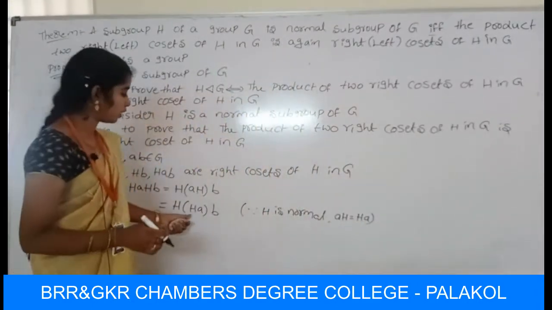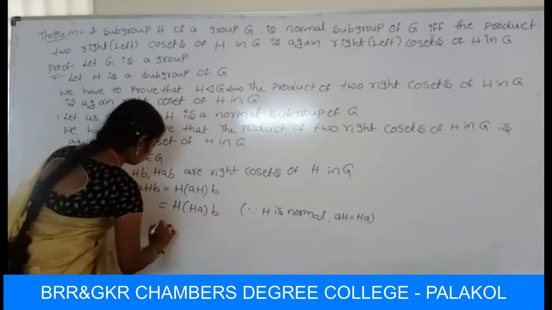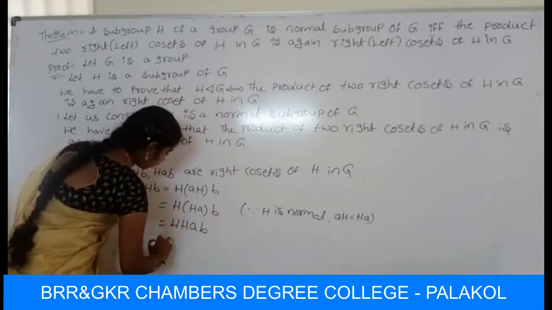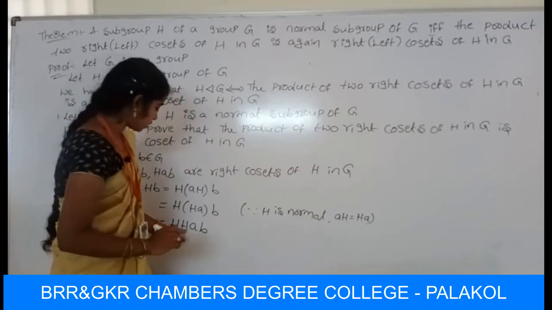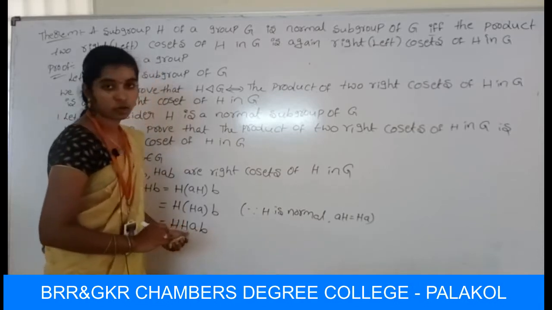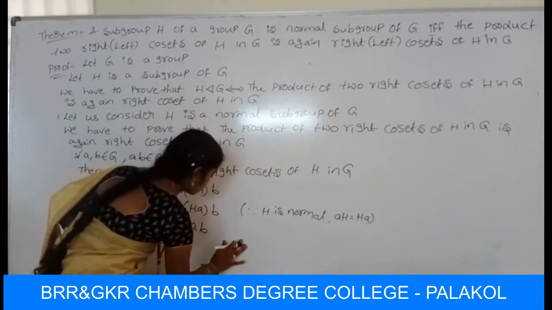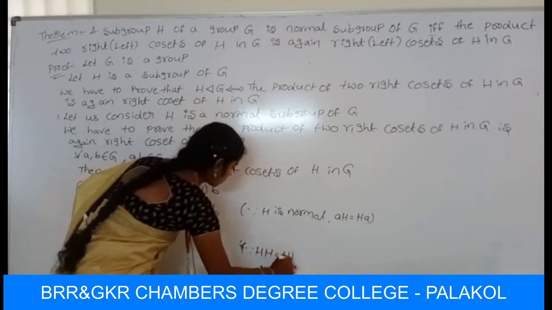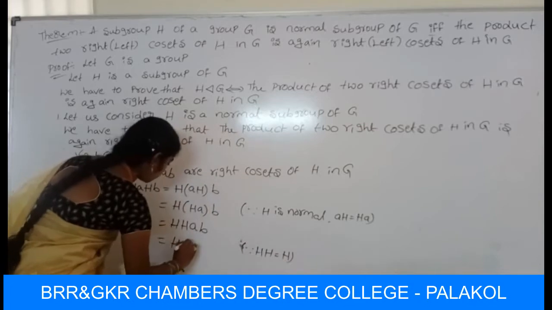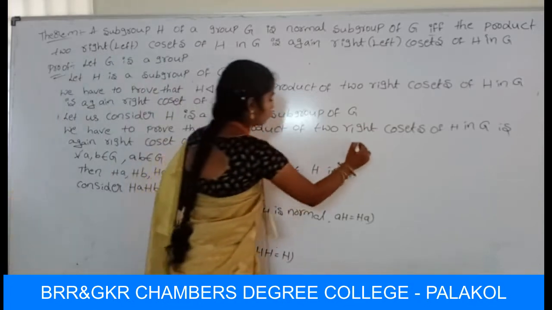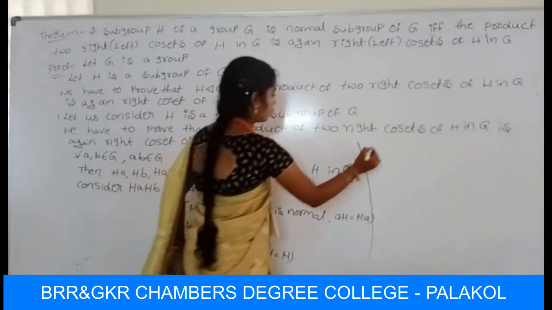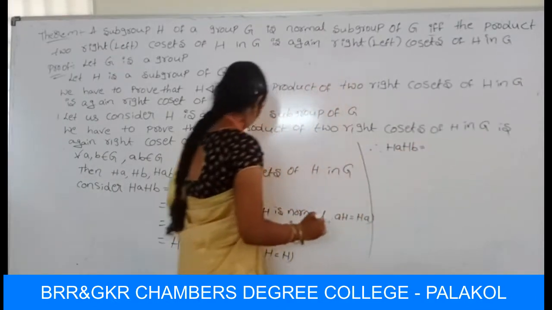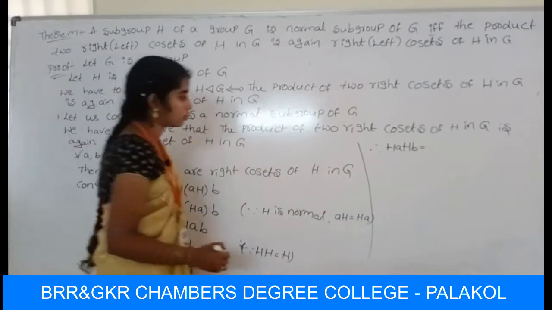So H into HA into B, so H into AB. Already you know that H is a subgroup of Z, so HH is equal to H. So that means, since HH is equal to H, we get HAB. Therefore HA into HB equals HAB.